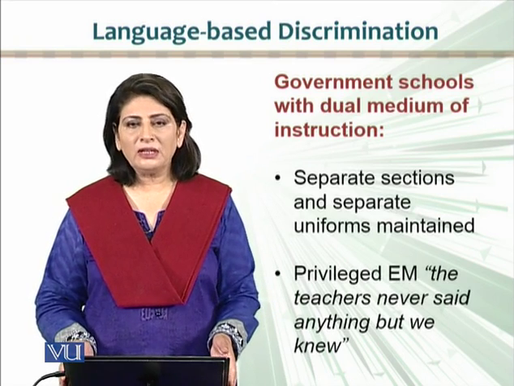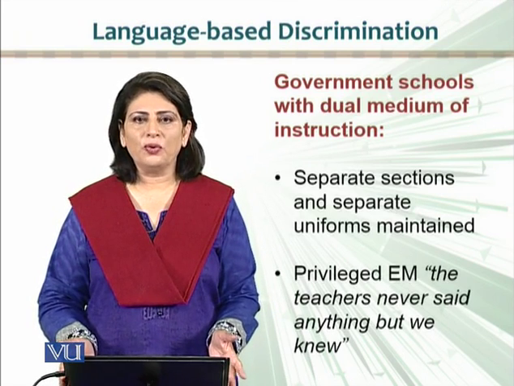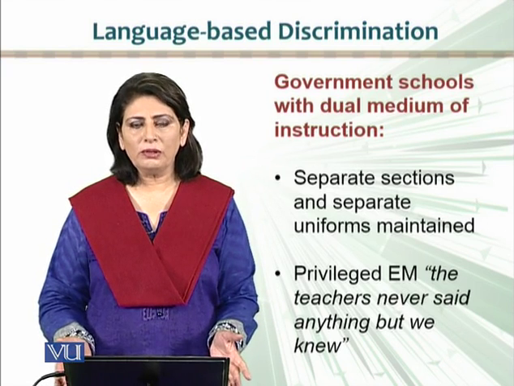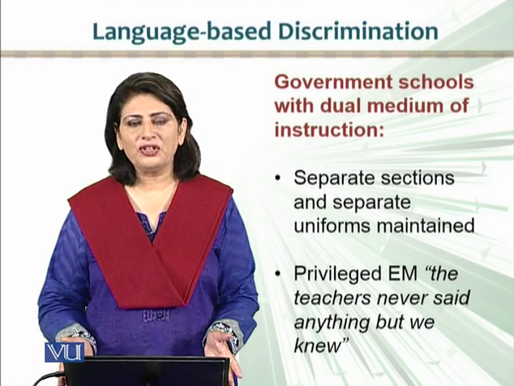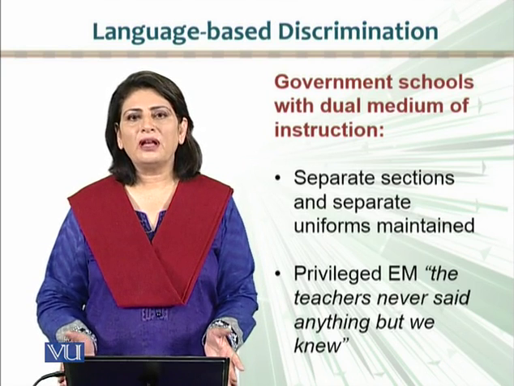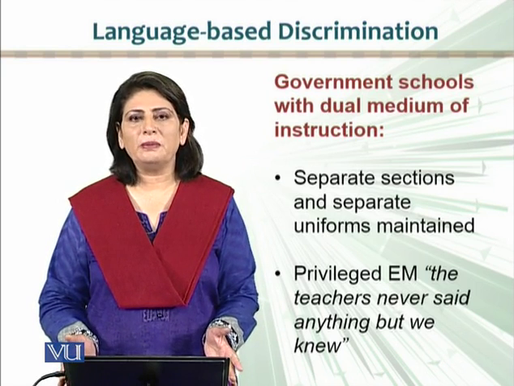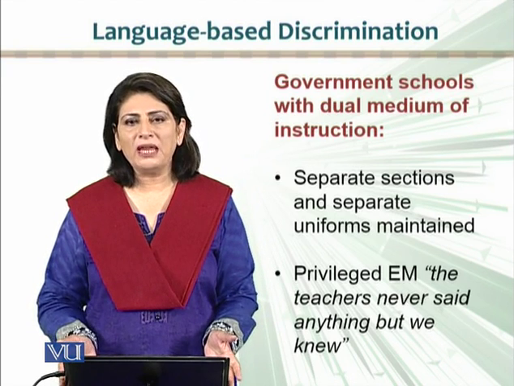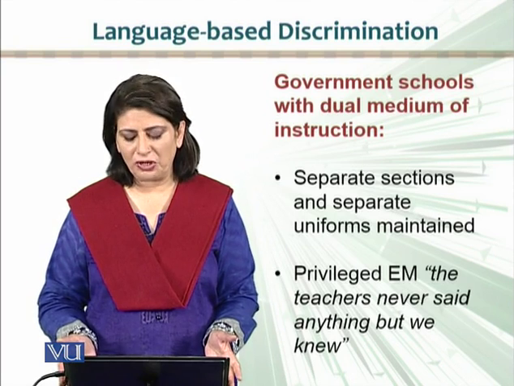Now, interestingly, the participant that we chose was from the mainstream Urdu medium section, because our point was looking at the experiences of those who went through this mainstream Urdu medium education.